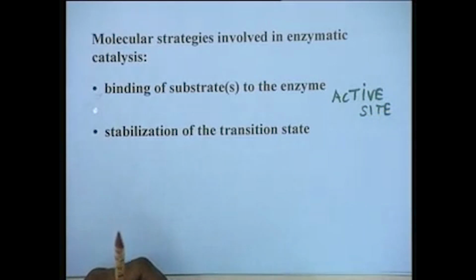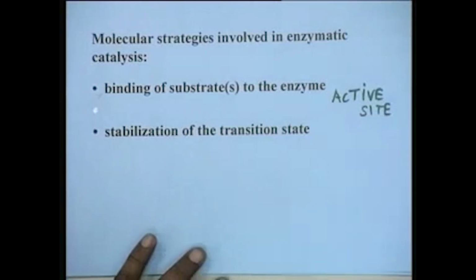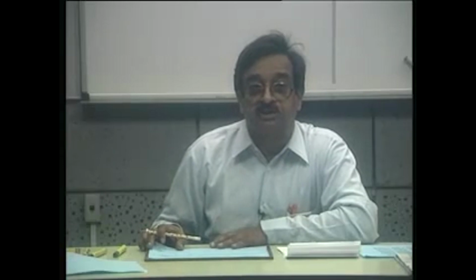On the other hand, the stabilization of the transition state of the chemical reaction involved in the desired reaction which we want to catalyze. These are the two molecular strategies which are responsible for the catalytic efficiency of the enzyme.